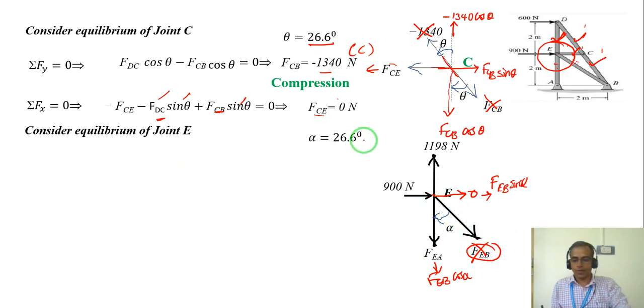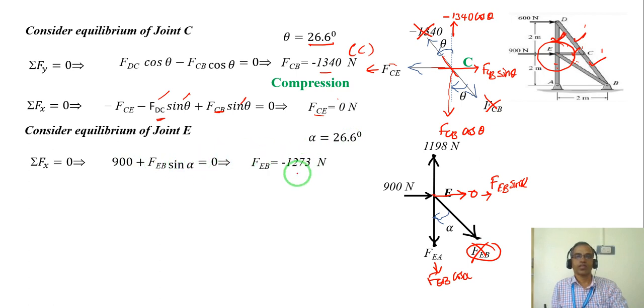Now applying summation Fx equal to 0, that 900 plus FEB sin alpha. Sin alpha I know because alpha is known to me. So FEB can be found out as minus 1273. Since negative, I can say it is compression.